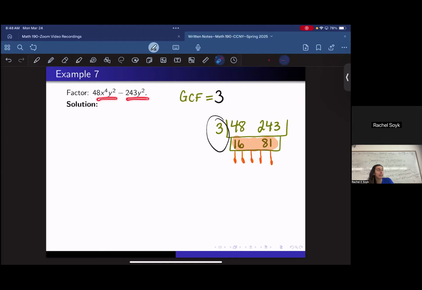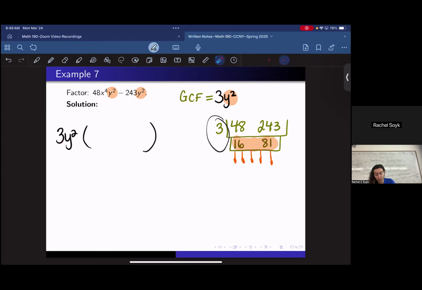Do they share any common variables? Yeah, they share not just a y, they share a y squared. So we can pull out 3y squared from both of these terms. And so when we do that, what are we left with?